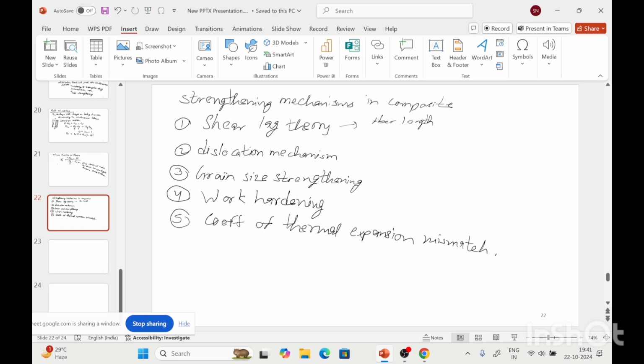This tells that the fiber length should be high enough for proper load transfer between the matrix and the fiber.